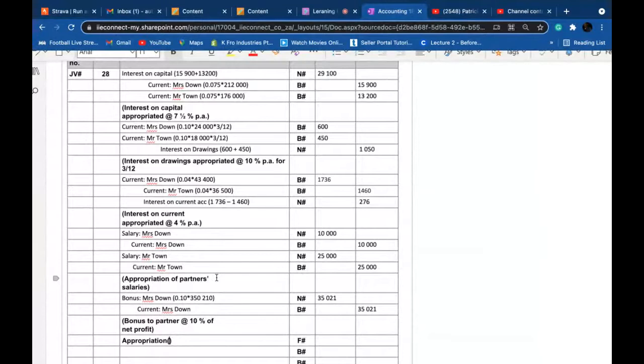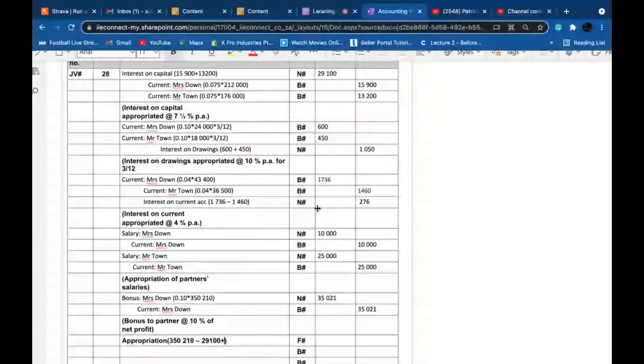So now we then say, okay, what was the profit that we had before any of these adjustments? The profit was 350,210, okay? But then we had interest on capital, which we paid out to the partners for 29,100, okay? And then we had interest on drawings, which they paid to us because we were penalizing them, all right, for drawing money out of the business.